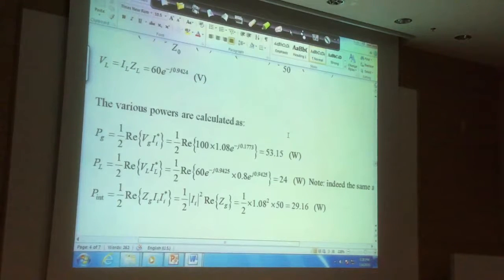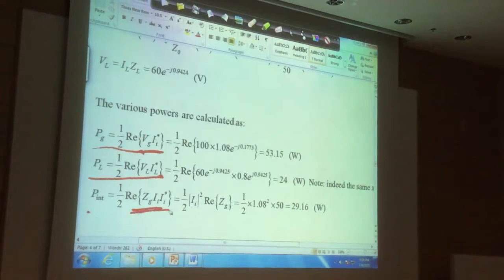Load impedance, right? As mentioned, current. Okay, load impedance, then the power from the generator, right? Power from the generator. The load power, okay? This is the power by the internal or source impedance, right? Turns out this PG should equal to PL plus P internal, right? Okay? Actually, this also is equal to P input.